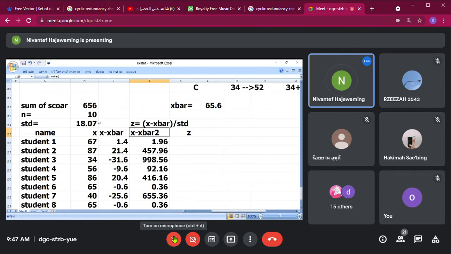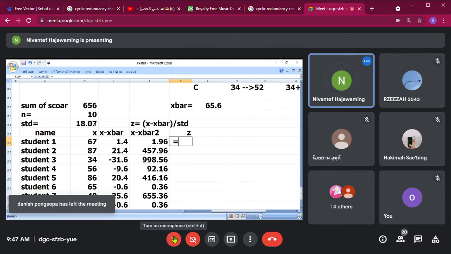Means the first Z for the first X. The first X is 67 minus X bar 65.6, divided by 18.07, right?